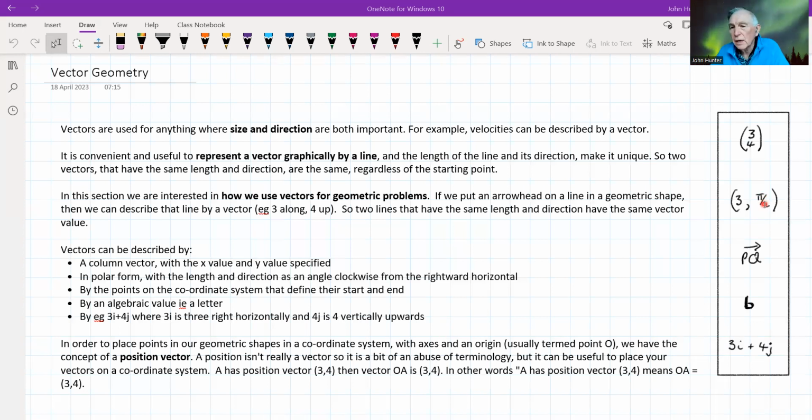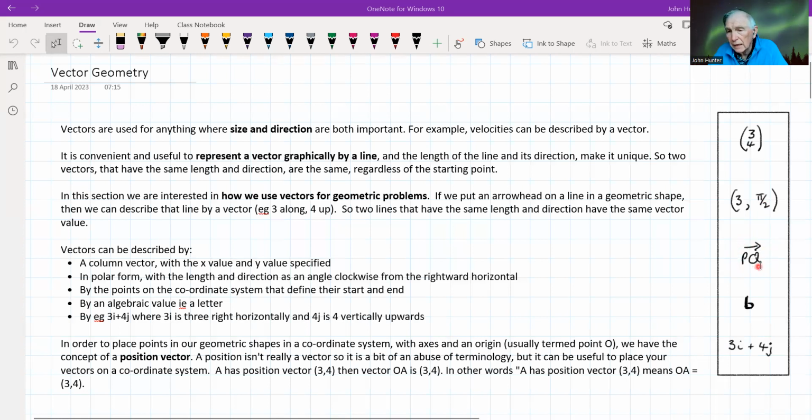Sometimes we do it as a bearing, so that would be clockwise from due north. Okay, so that's a possibility. We tend not to see this very much, certainly not at GCSE, and not so frequently at A level either, really.